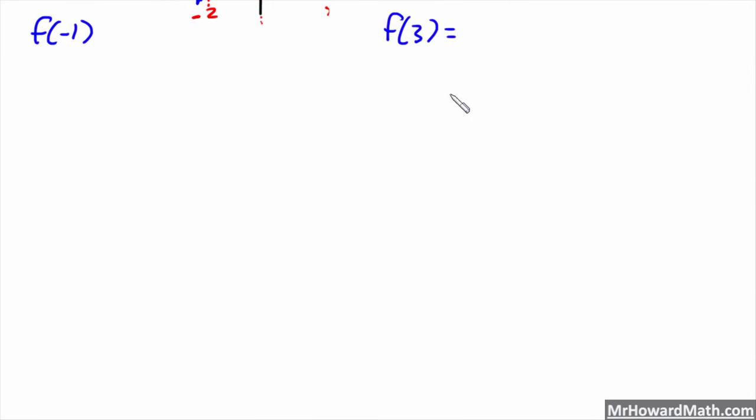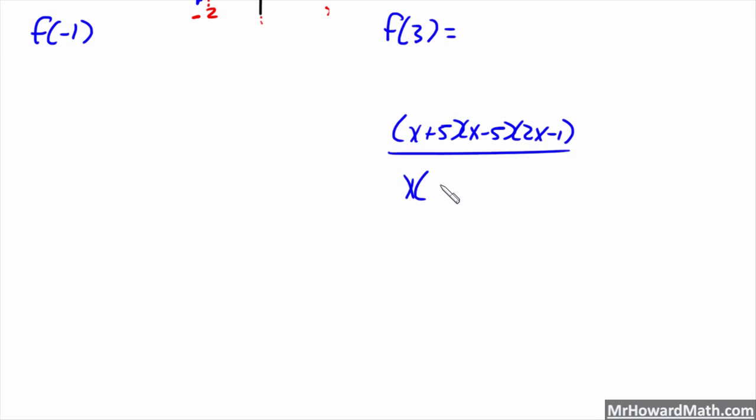So f of 3, I'm going to write the function in here again, fully factored: (x plus 5)(x minus 5)(2x minus 1) over x times (x minus 4)(x plus 2). So that was it fully factored.